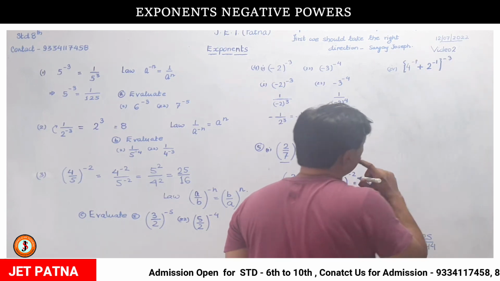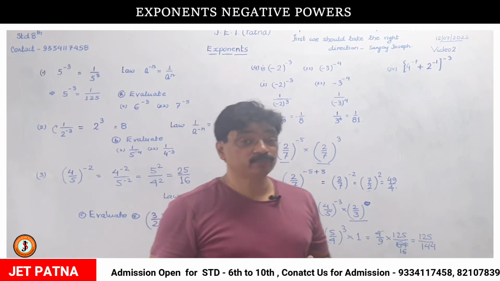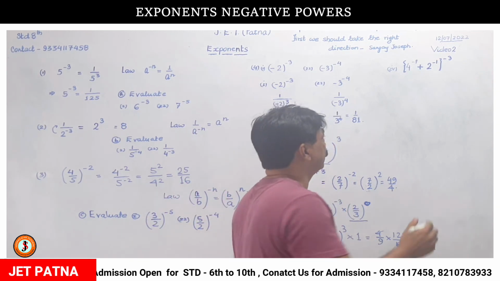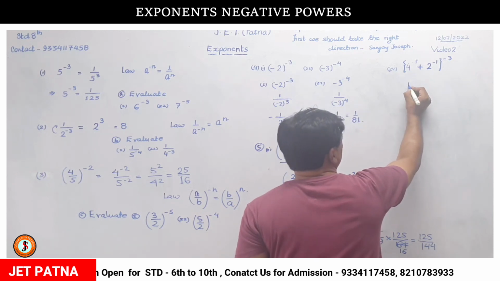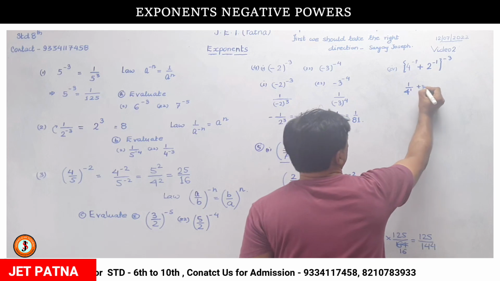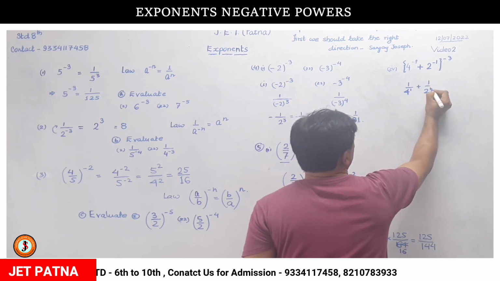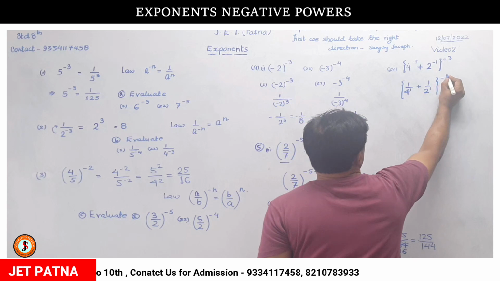Now what has to be done? Have a look. First, we should always solve by the BODMAS rule, things inside the bracket, but things inside the bracket are in negative exponential form. So first convert them into positive exponential form and let the bracket having negative 3 remain.